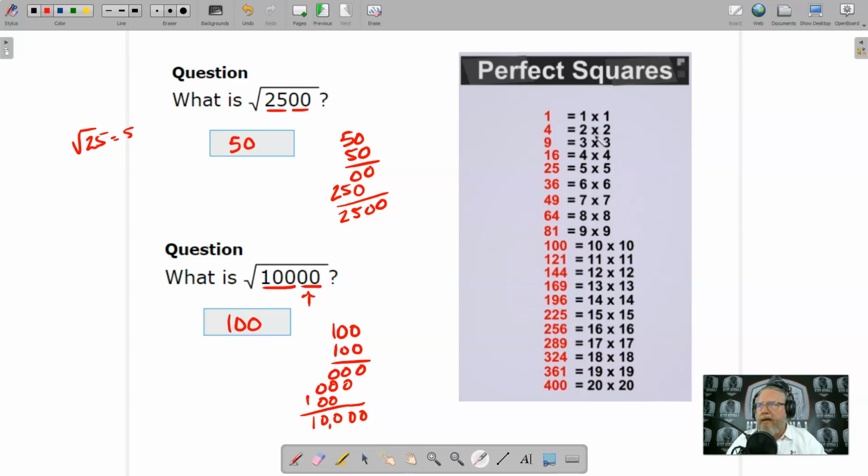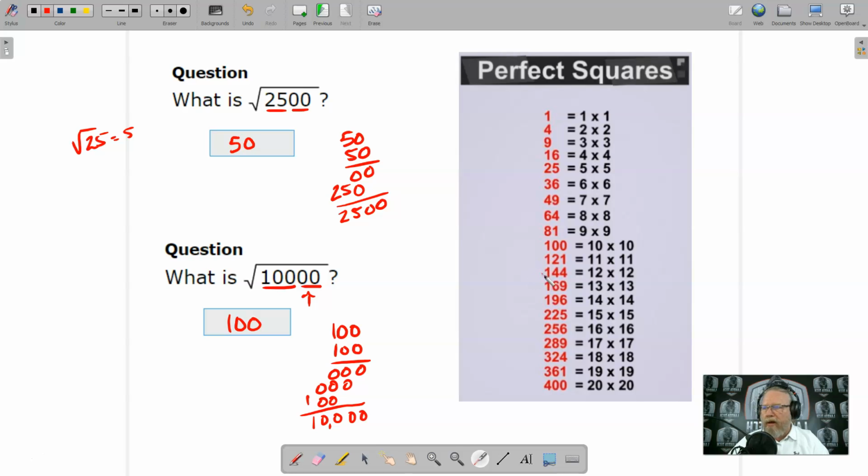So something like this would help with this particular activity, right? So you can either calculate it and guess and check and multiply numbers together to see if you get the value of the radicand. You could use a calculator, or for several of these problems actually, you could find a list of perfect squares and refer to that list.